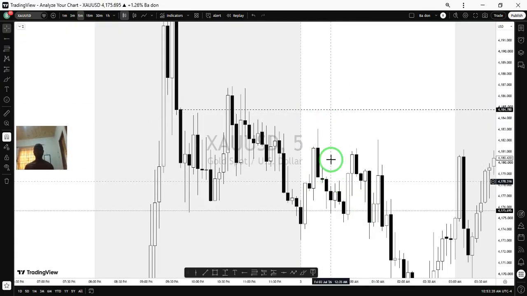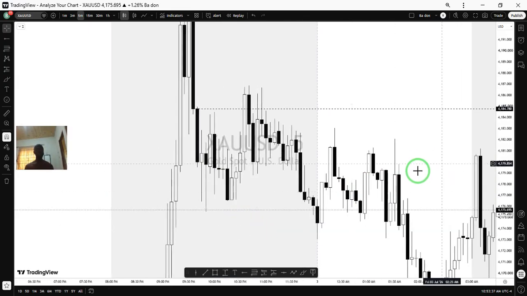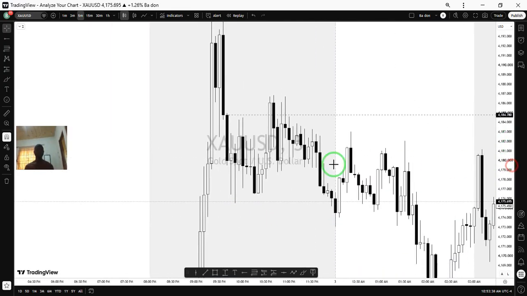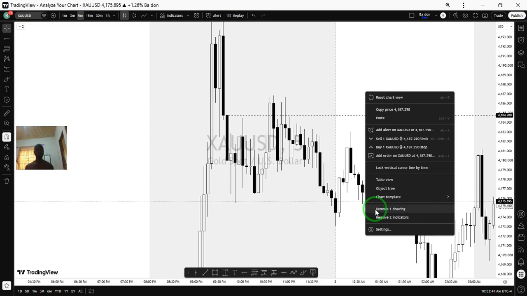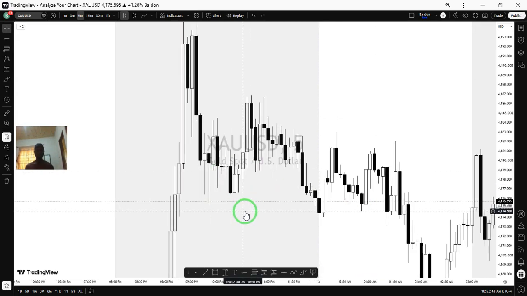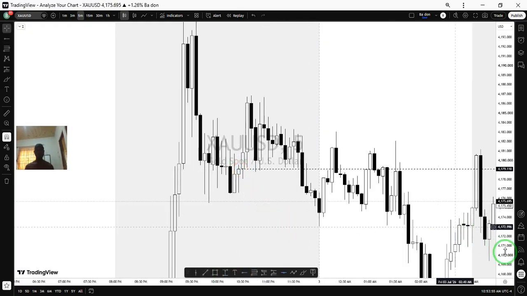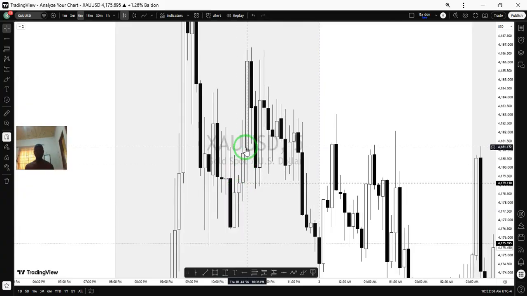So let's dive into an example so we don't waste much of our time. Right here, you see how these two bullish candles, 1, 2, this is also valid, this is also valid.